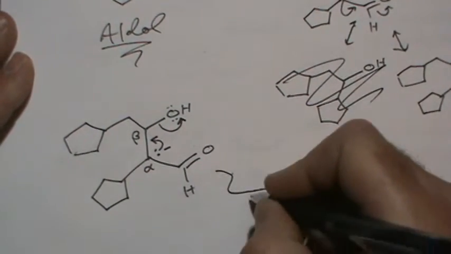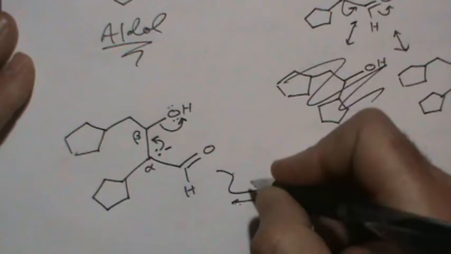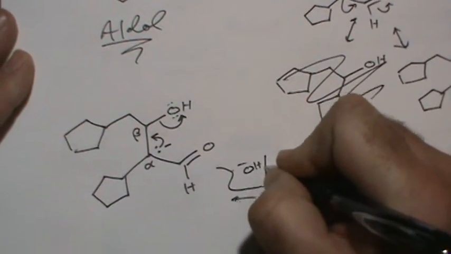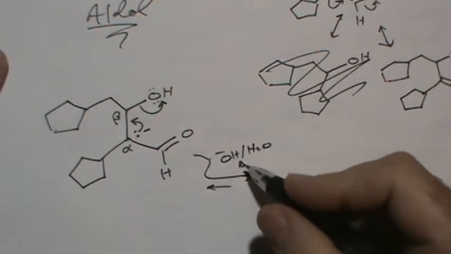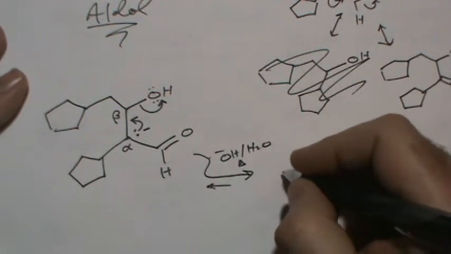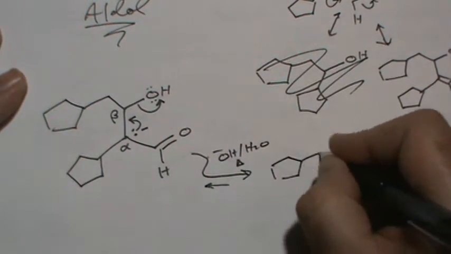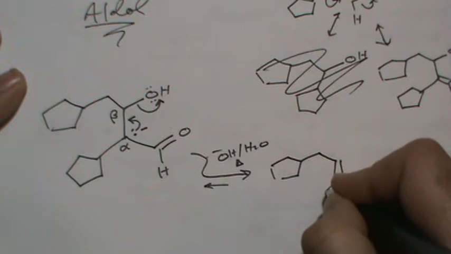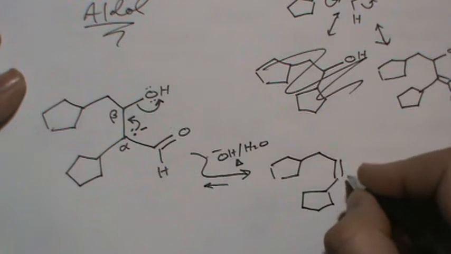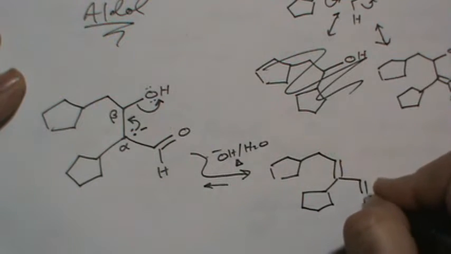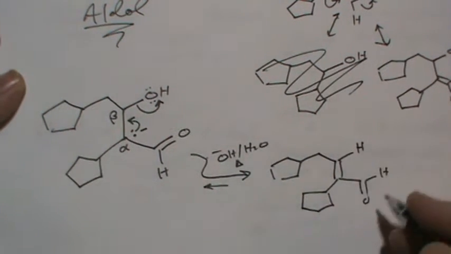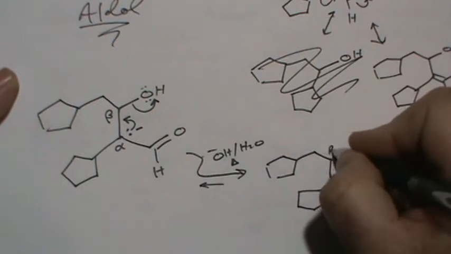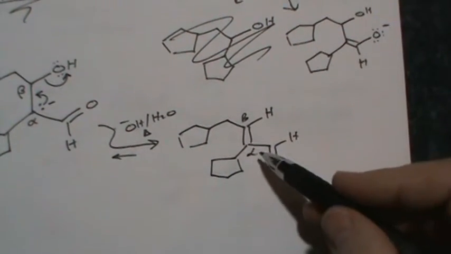Not necessarily an easy thing to do energetically, and that's why the reaction condition requires a little extra heat. When we do it, the good news is we form a compound which is stable.